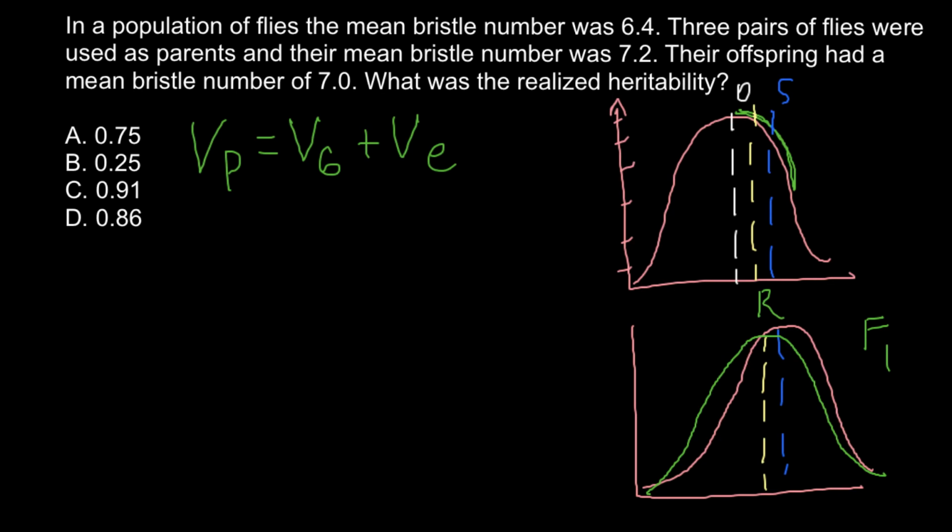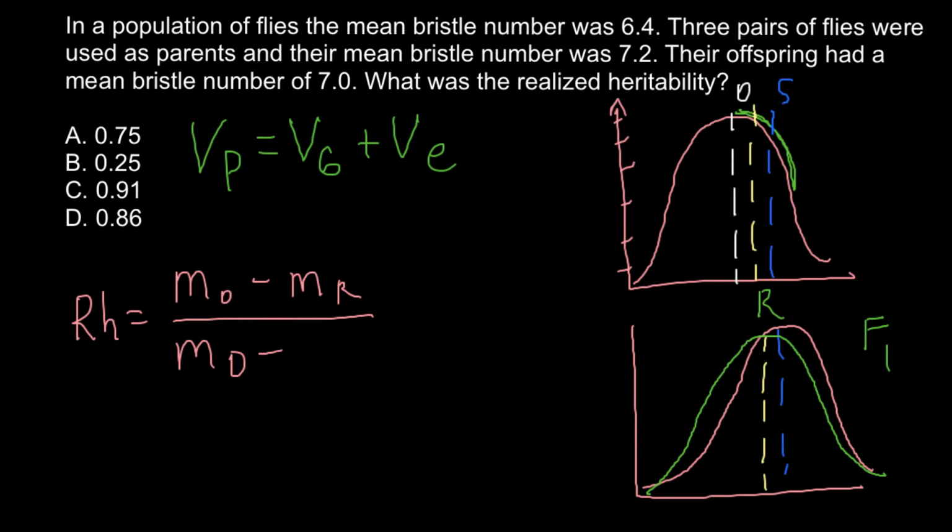So realized heritability, for example, this can be RH, would equal the mean of the original population, so this would be MO, minus the mean of response to selection, MR, divided by the mean of the original population minus the mean of selected parents.